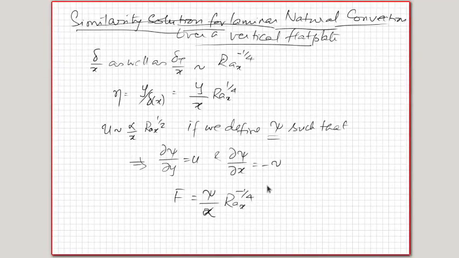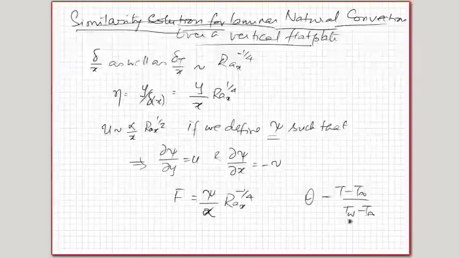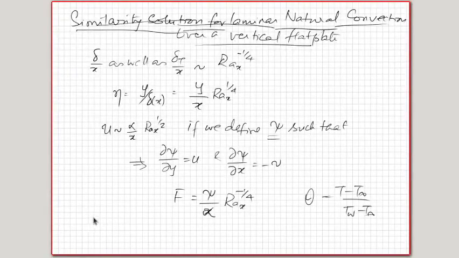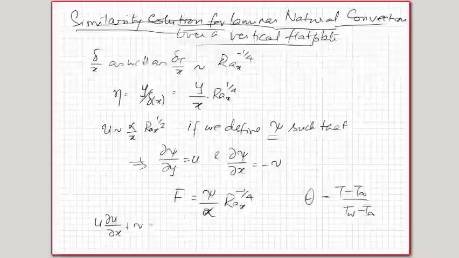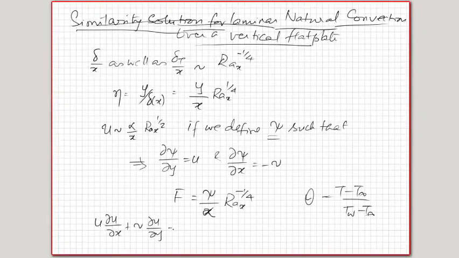We also define a non-dimensional temperature, theta. Theta is T minus T infinity divided by T wall minus T infinity. Now with all of these variables, we start with u del u by del x plus v del u by del y is equal to g beta into T minus T infinity plus mu times del squared u by del y squared.